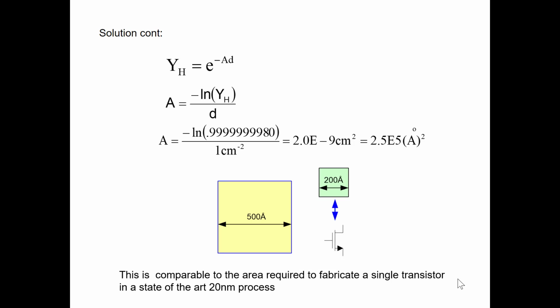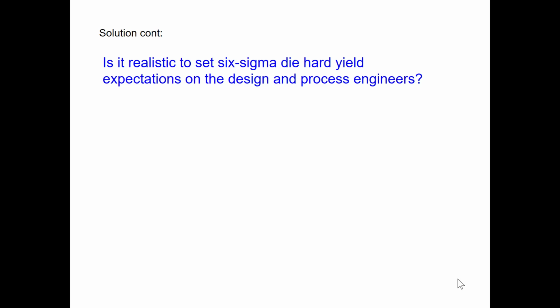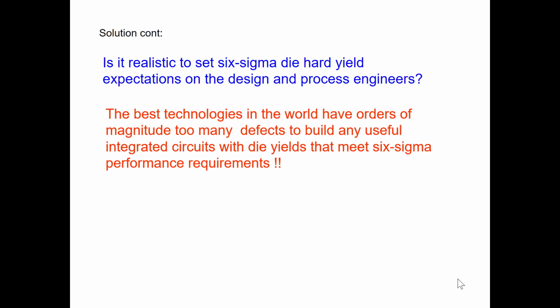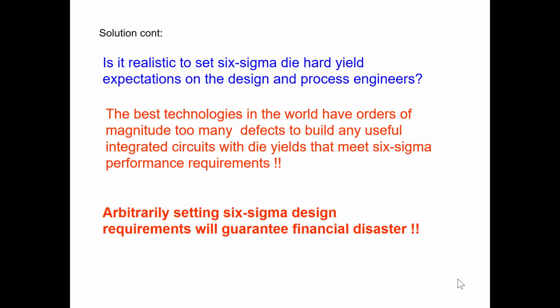So you kind of got to be quiet about telling somebody that we're not going to make 6 sigma performance on our designs, because it's not going to happen. Let's jump ahead and just observe that arbitrarily setting a 6 sigma performance standard will guarantee financial disaster. Can't make anything.